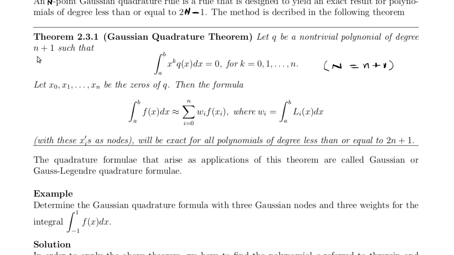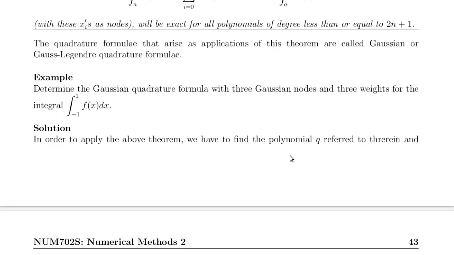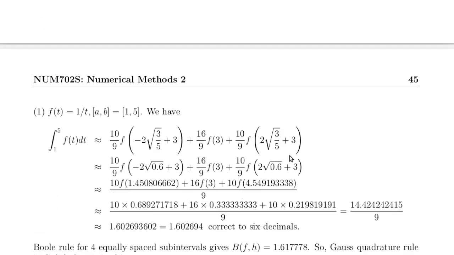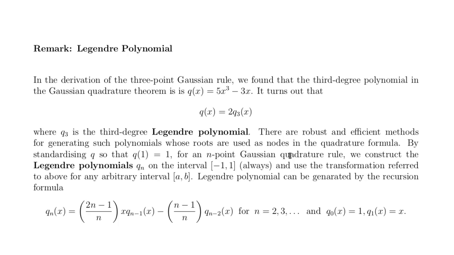For a given n, the Legendre polynomial of that corresponding degree will give you the q that you need for this theorem. So there's no need in real life applications to be computing the q's and their roots. There is a recursion formula that allows us to determine this Legendre polynomial. Sorry, it is 2 times, not 3 times, as I said.